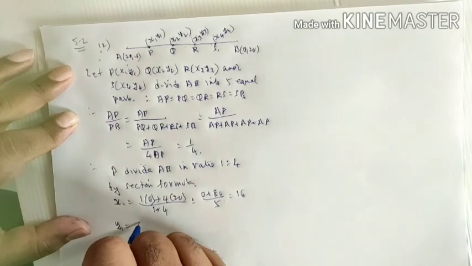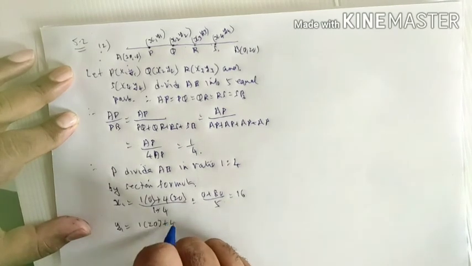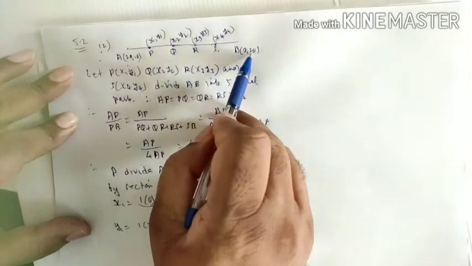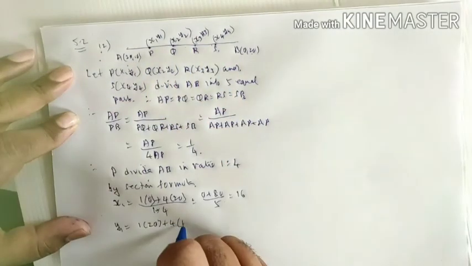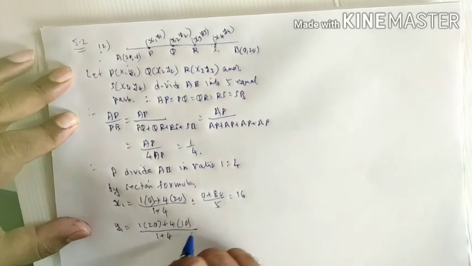Y1 is equal to 1 into 20 plus 4 into 10 upon 1 plus 4.